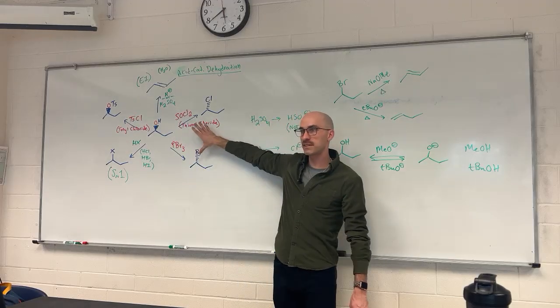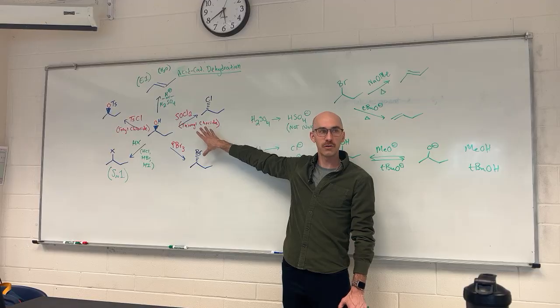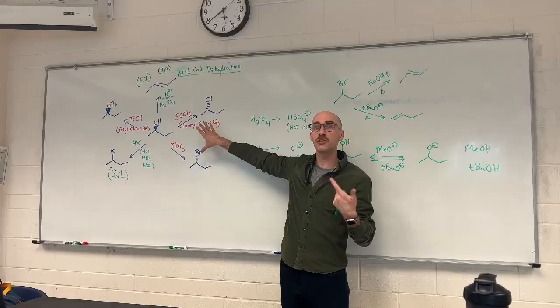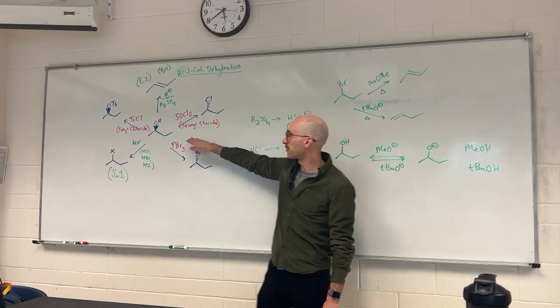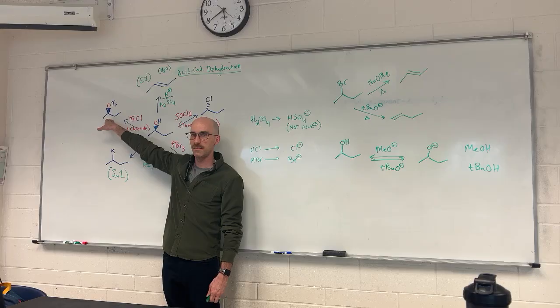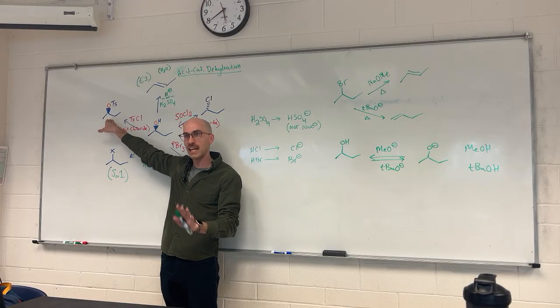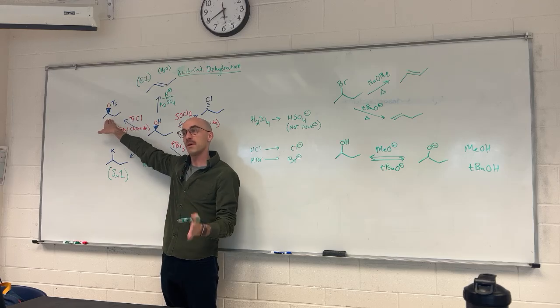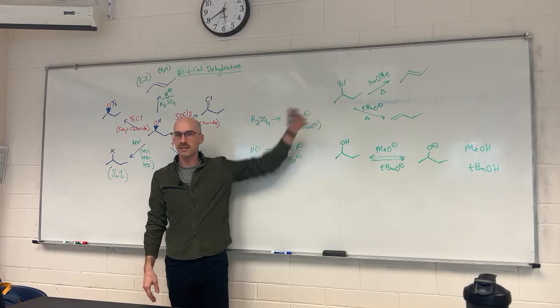If stereochemistry is important and I need to invert it, thionyl chloride, phosphorus tribromide, they allow me to change my alcohol into a different type of leaving group, and they swap the stereochemistry. If stereochemistry is important and I need to retain it, converting my alcohol into a tosylate allows me to retain the stereochemistry, but still make the oxygen into a good leaving group in these basic conditions.